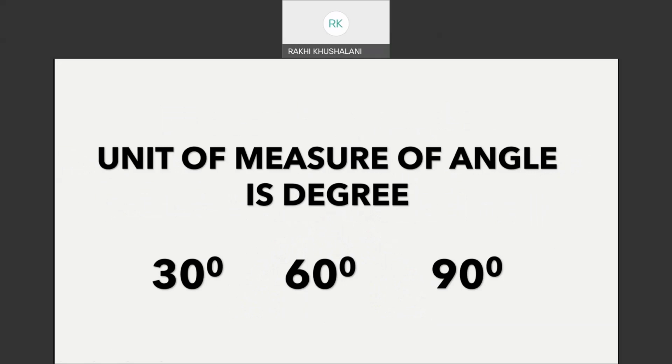Yes, of course, it's written the same way, but this is the gap between the two arms, the angle gap that is created between two arms, which we have discussed in our last video and in yesterday's live session also, that the unit of measure of angle is degrees. Okay, 30 degrees, 60 degrees, 90 degrees. That does not mean the temperature is 30 degrees. It's the measure of an angle.